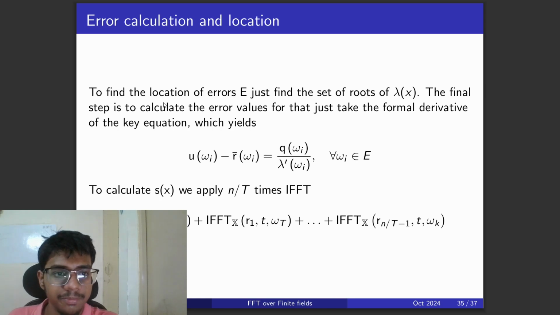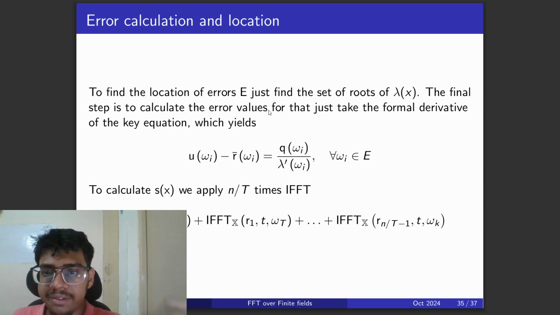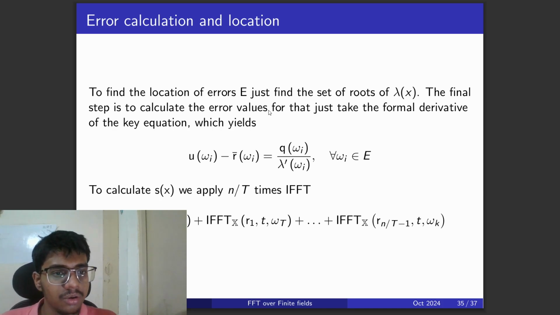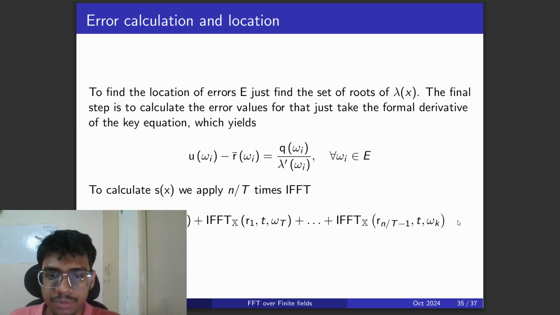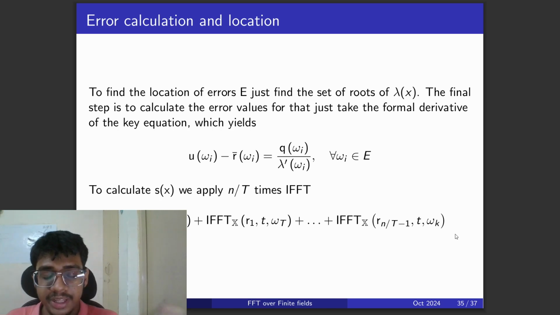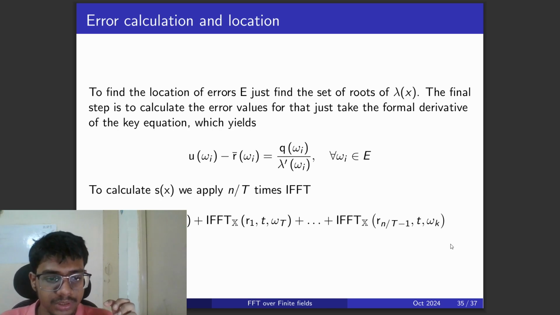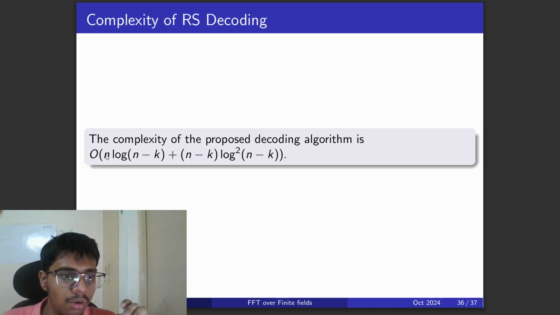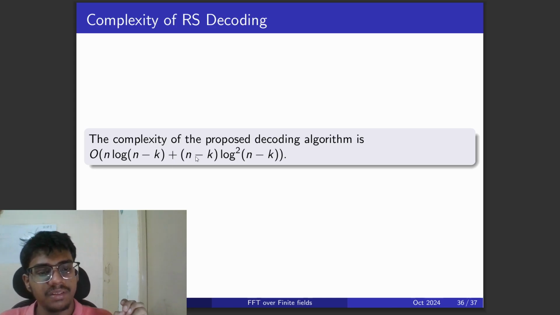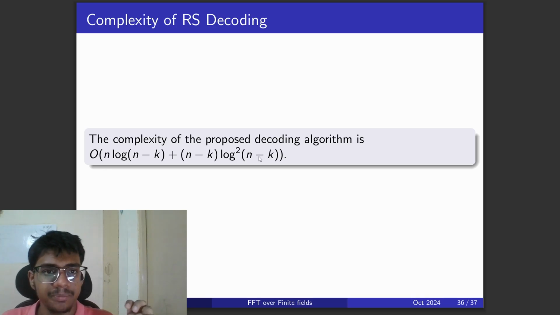And for the third step, which is location of error and error value, again we will get O of n log of n minus k, because we are just using n by t times inverse Fourier transform, and then again using a Fourier transform. So by this we get a complexity of the decoding algorithm as O of n log of n minus k plus n minus k log square n minus k.